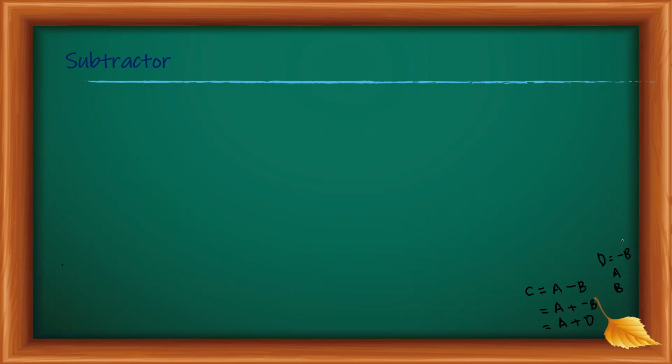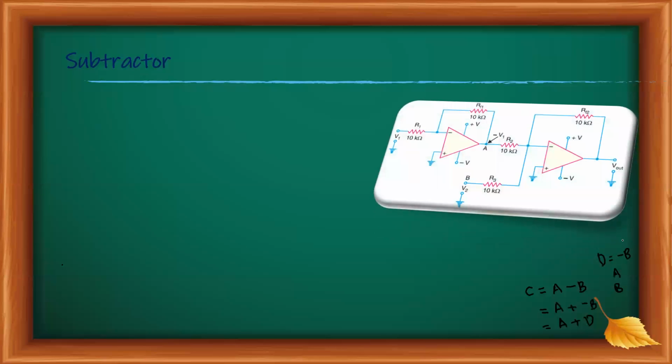So to perform a subtraction, we use 2 op amps. Here, the first one, look at the values R1, RF.